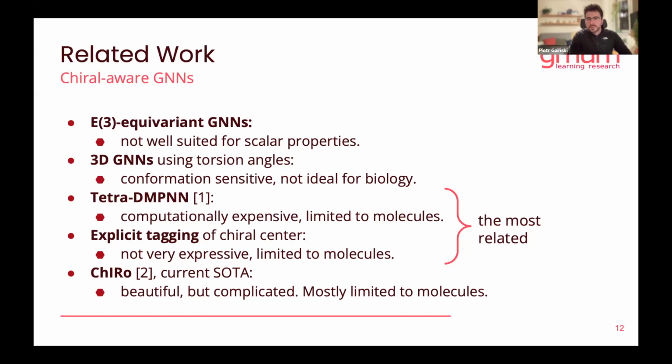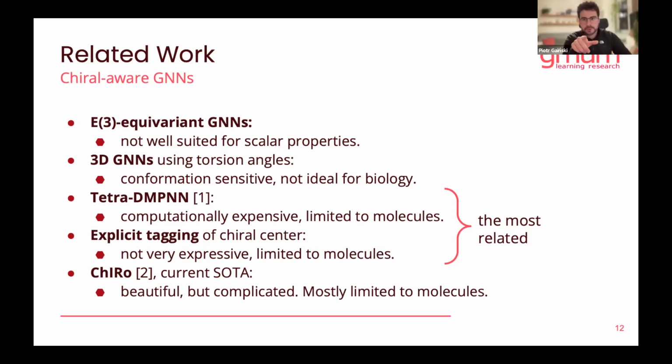Okay, yes, there's a question. I'd like to ask, what are the inconveniences of just having a chirality flag in the features of the atoms? Why do you need a method that understands chirality more than just having a chiral flag?